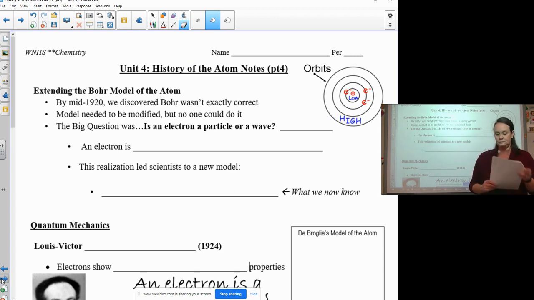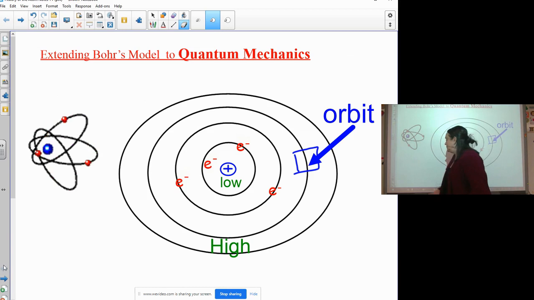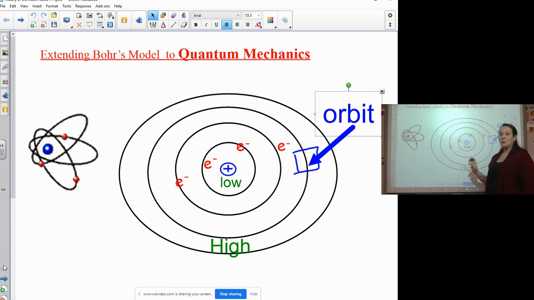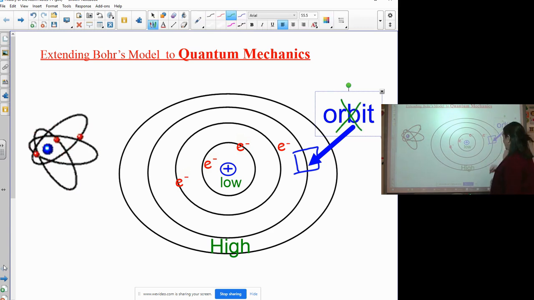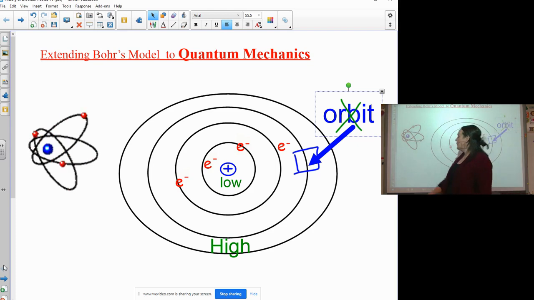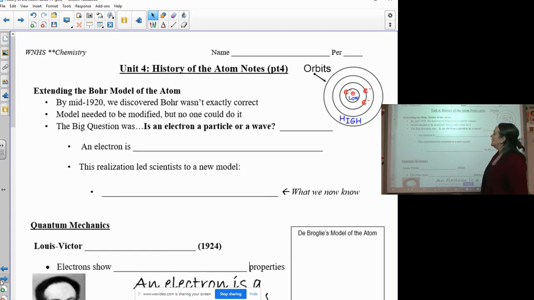Wonderful. So again, Bohr said that he had these electrons that orbit the nucleus. Orbit is the big idea here, like planets around the sun. We are going to find out today that that is not true. And what we needed, though, when we got to the mid-1920s, we realized that Bohr wasn't all the way correct.